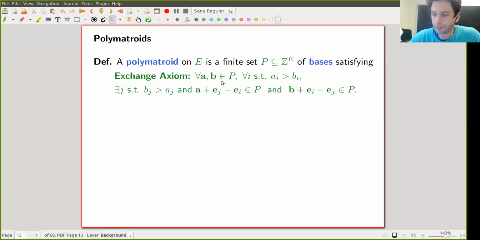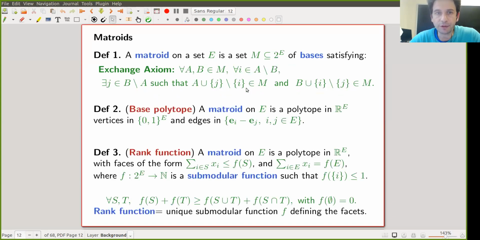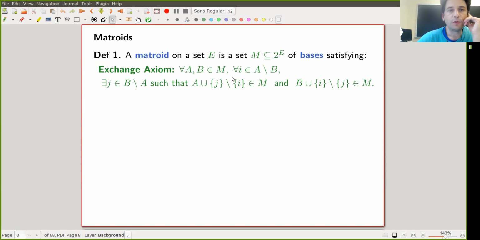What this says, let's compare it to the definition of the exchange axiom for matroids. For matroids, what we say is that if you have two bases that are different, then you can take A and get closer to B while staying within the set of bases. By closer I mean you can take out an element that was not in B and replace it by an element that was in B, and stay in a basis.